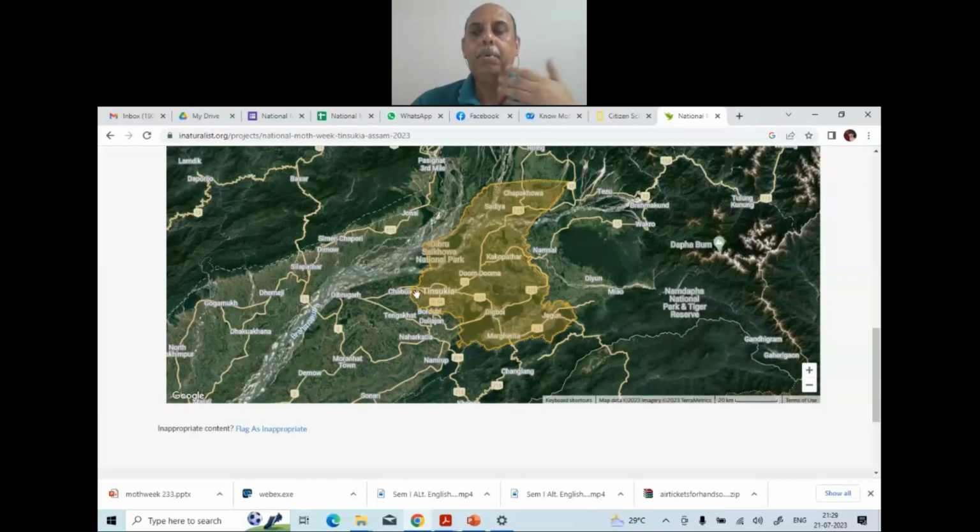Then you go to the other part, near Chapua or Manitola area. This entire district covers this particular location. Whatever moths people from the Tinsukia district upload during this period, everything will be in the Tinsukia district project, and ultimately in the end we know how many moths were found in the Tinsukia district alone during that period of time.